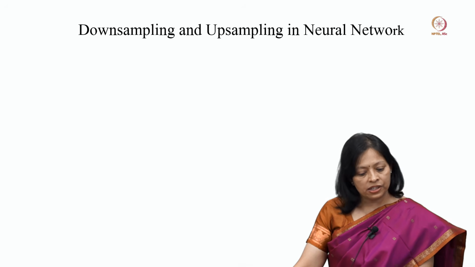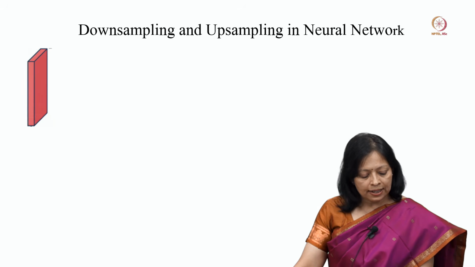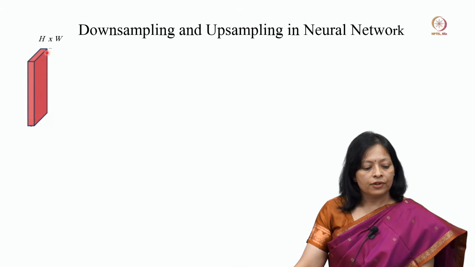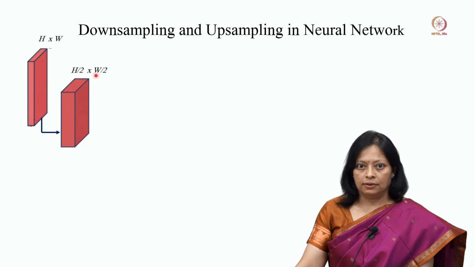We will look. First, we will understand what downsampling and upsampling are. Suppose we have a feature map with height and width h and w, and then we do some operation which brings it down. The height and width are halved, h by 2 and w by 2.